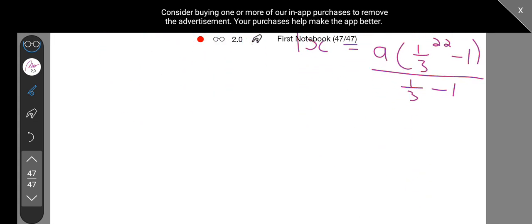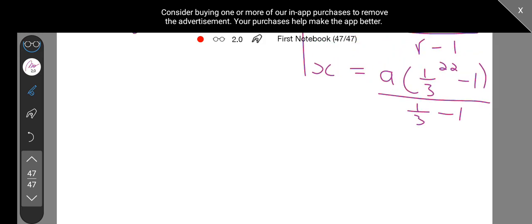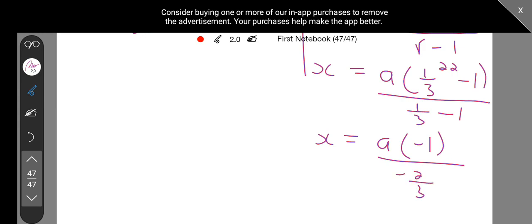So let's see if we can do all this. We're going to have x is equal to a multiplied by, let's plug all that we see in the brackets there in the calculator, 1 over 3 to the power of 22 minus 1, and you get minus 1. And then 1 over 3 minus 1 is given as minus 2 over 3. And then we're going to do the cross multiplication.